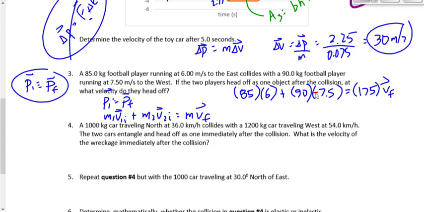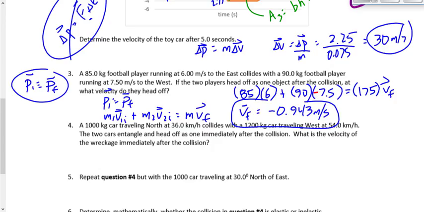We want to get 100 here. All right, when we do the math on this, we're going to end up getting a final velocity of negative 0.943 meters per second. You guys okay with the rearranging of that? The algebra there?